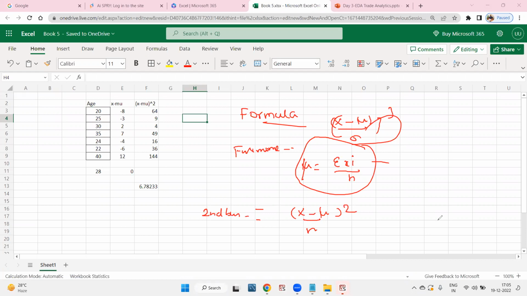So we used the second moment business decision and we used the first moment business decision so far. And the third moment business decision is x minus mu divided by n minus 1, the whole bracket cube.